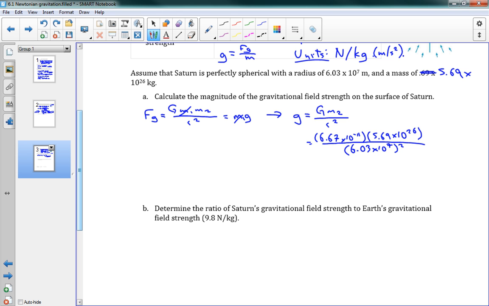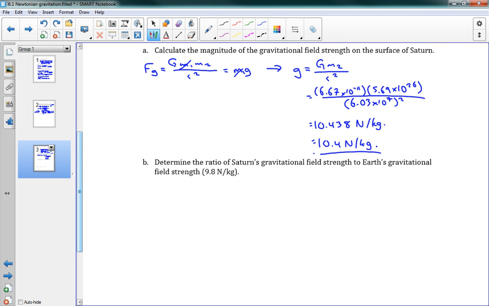Perfect. That math should come out to giving us 10.438 newtons per kilogram. And if we want to use the right digits here, 10.4 newtons per kilogram. But it's always good to keep this extra one that has more digits, because we'll probably use that in part B.